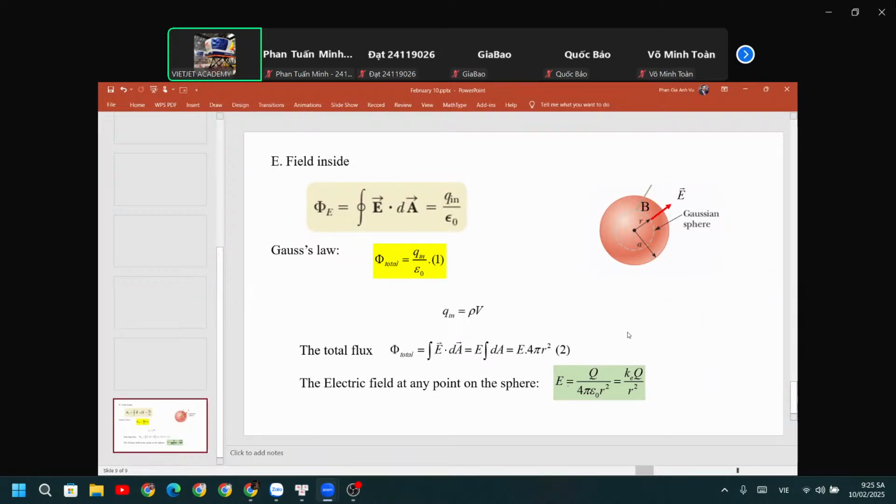Okay, so let's calculate Q in. Q in is rho V. Rho is the charge density, V the volume. So you can calculate rho. Rho is Q, the total charge, divided by the volume of the big sphere, which is 4 over 3 pi R cubed.